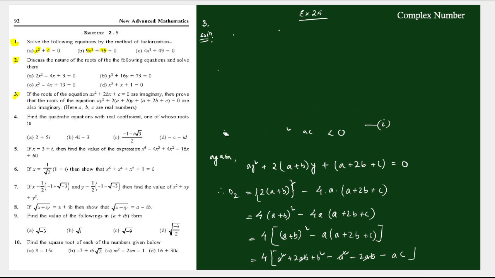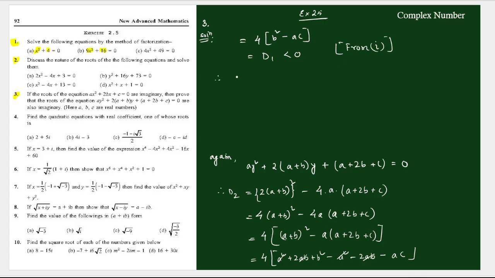So these things only we have to write now. We got b square minus ac, and 4 times b square minus ac, this is d1, and this is less than 0 from the first.